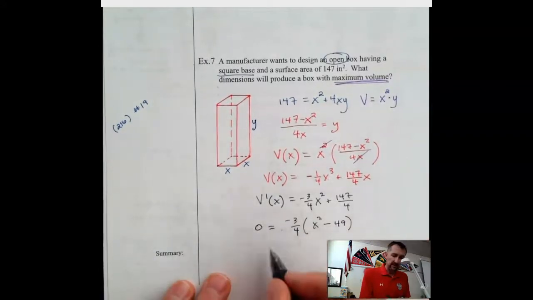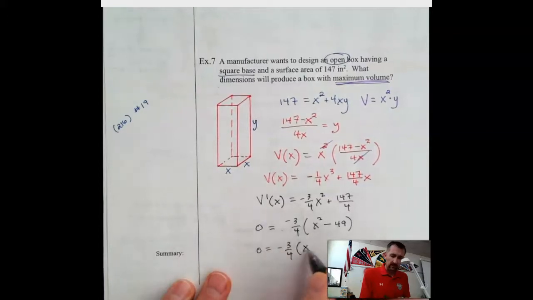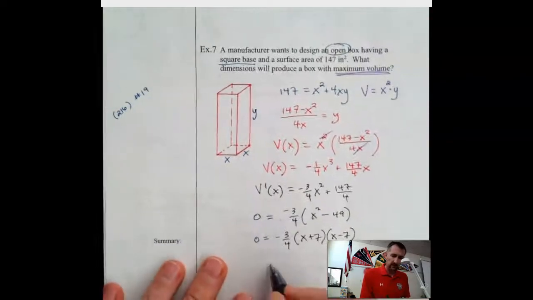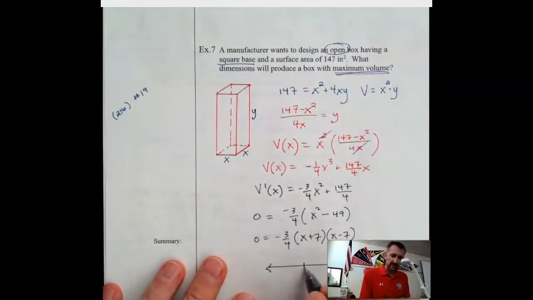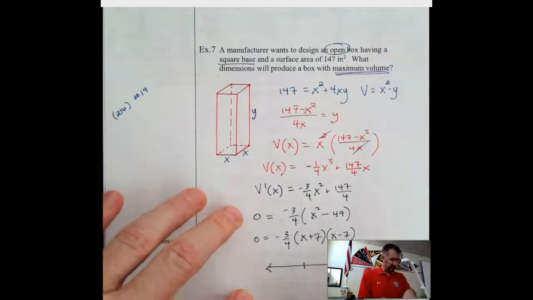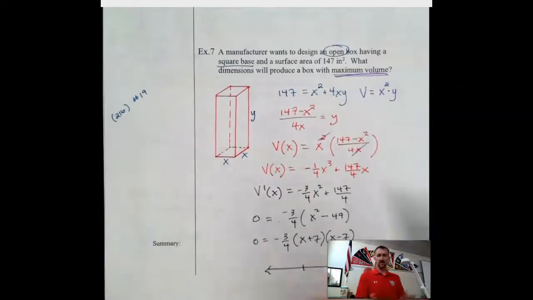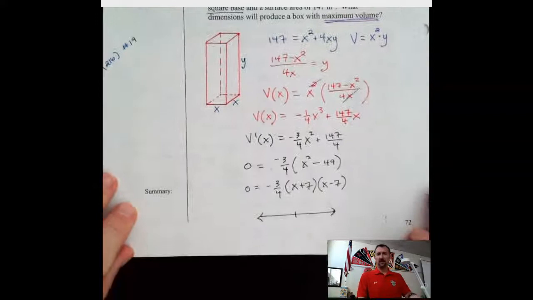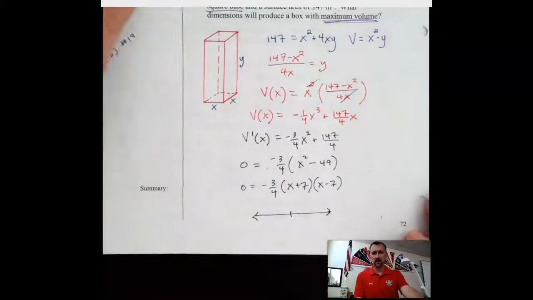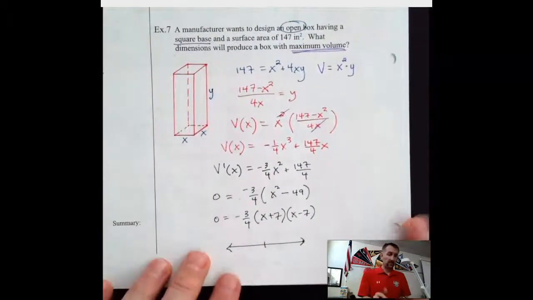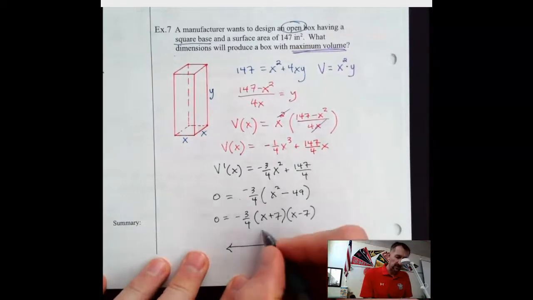And if we set that equal to 0, we'll get x plus 7, x minus 7. So our next step is to test. We don't really need to test negative 7 because the dimension can't be negative 7. That doesn't really make sense. So we'll just test positive 7.